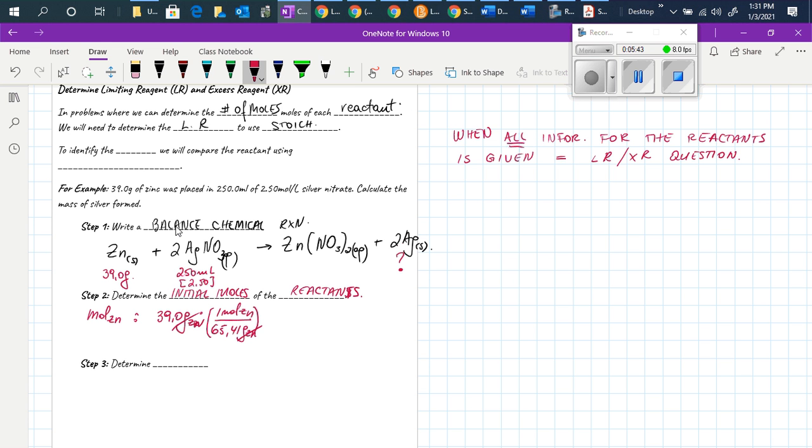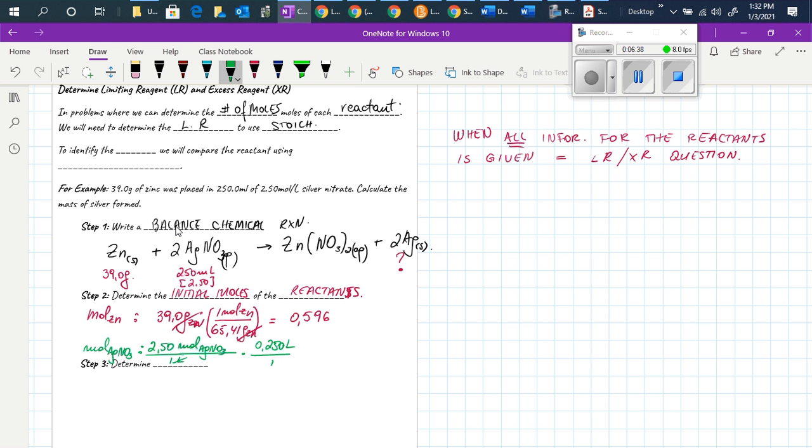Grams of zinc cancels out, and what we have here is 0.596 moles. Now, moles of silver nitrate will be the concentration, 2.50 moles of silver nitrate over 1 liter, times 250 milliliters, which is 0.250 liters over 1.